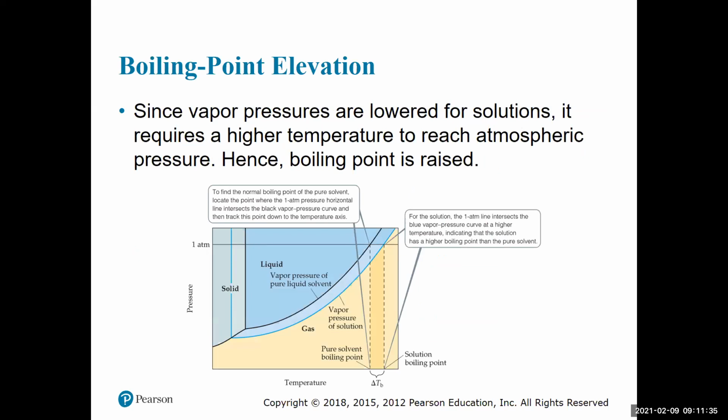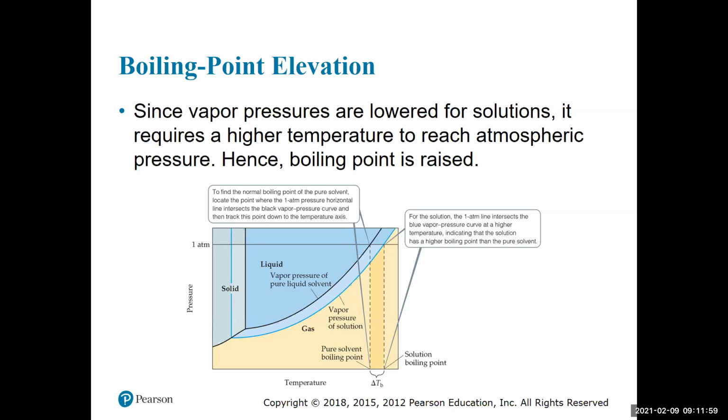That's why you get the boiling point elevated, okay? It goes back to that first colligative property that we talked about. Vapor pressure is lowered in the solution, so it requires more energy, more temperature, to get it up to the point where it's boiling.